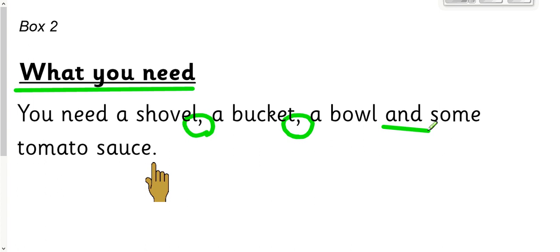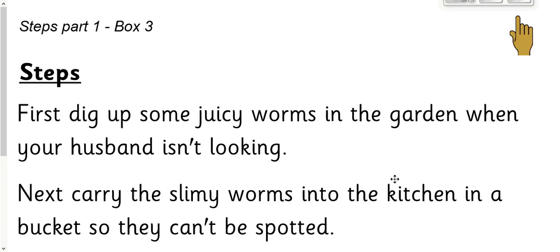I wonder how many people spotted this noun phrase. Now, box 2 is very short and very simple, but we definitely want to use these commas in a list. They're super important. So make sure when you're writing your own instructions later this week, you remember these commas and the final and. Okay, we're ready for box 3. You're going to read it to yourself first. Here comes box 3.